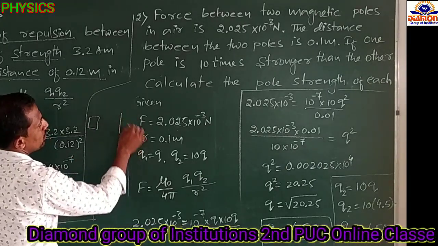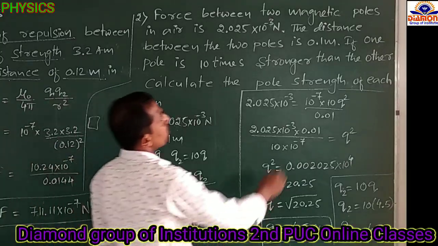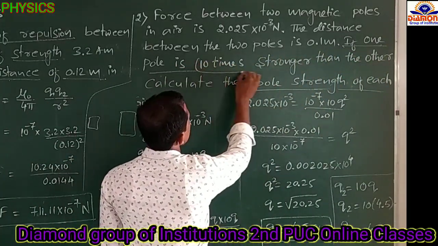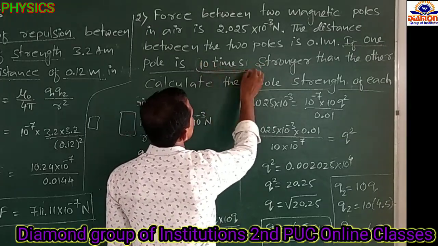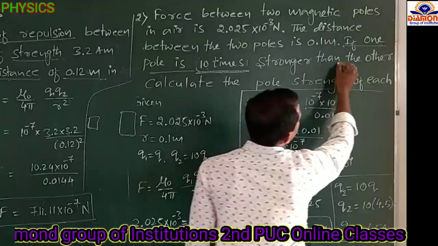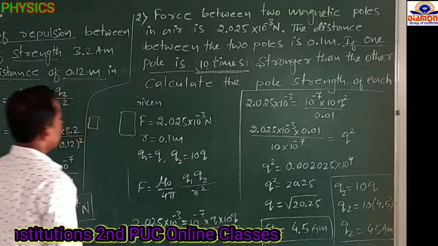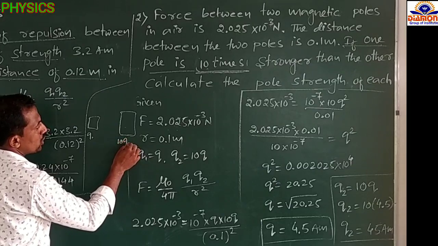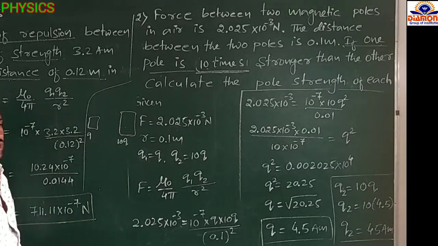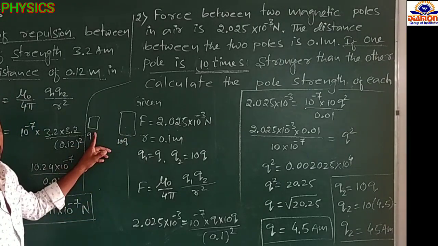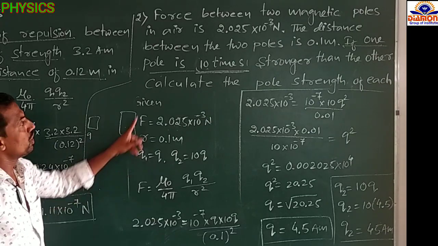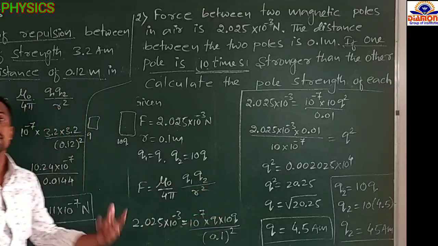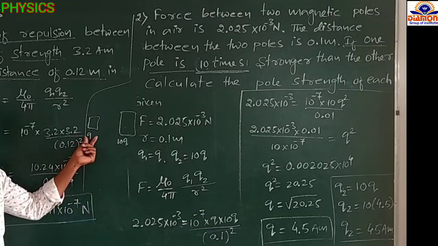Here it is given that one pole is 10 times stronger than the other. So if one pole value is Q, then the other pole value is 10Q, because one pole is 10 times stronger than the other.